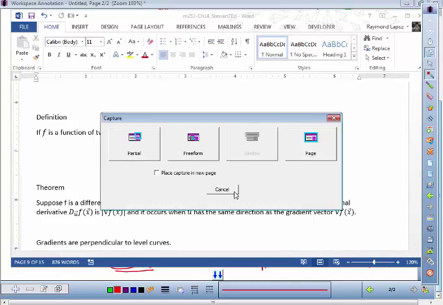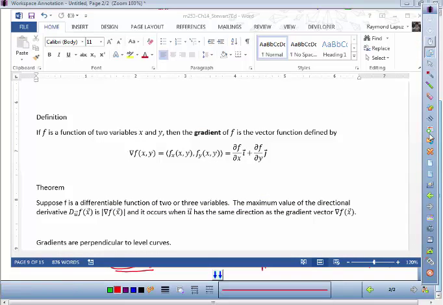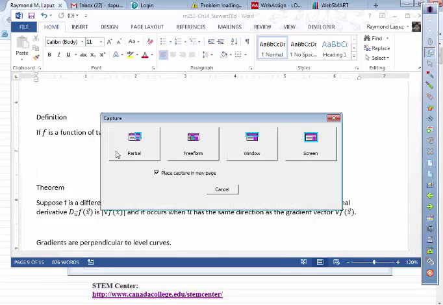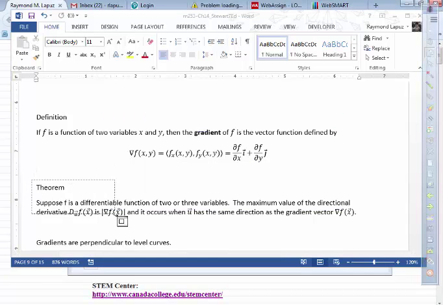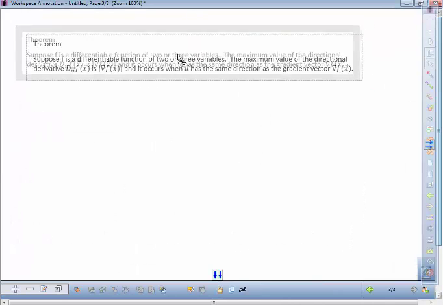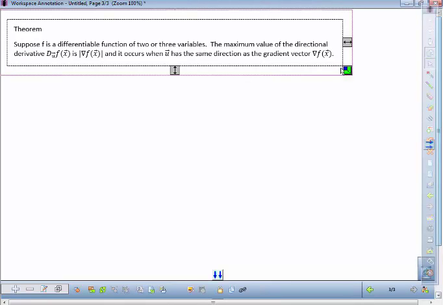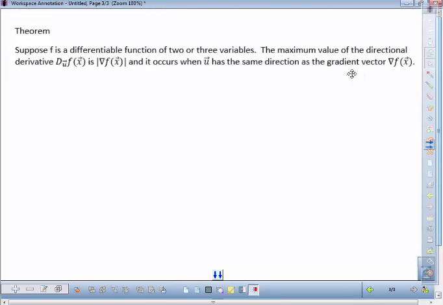Actually, let's just copy this. So half of this statement is what we proved so far. And then the other half of the statement says that the directional derivative is actually equal to the magnitude of the gradient. Let's figure that out.